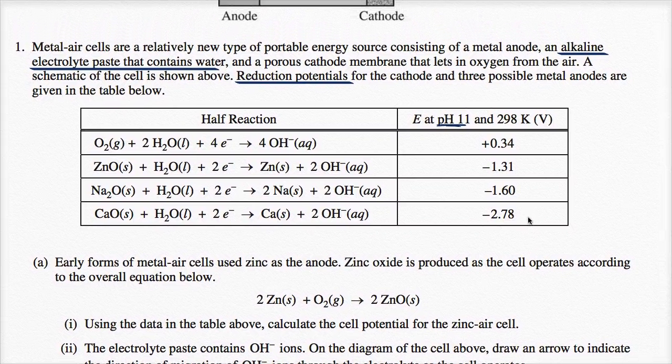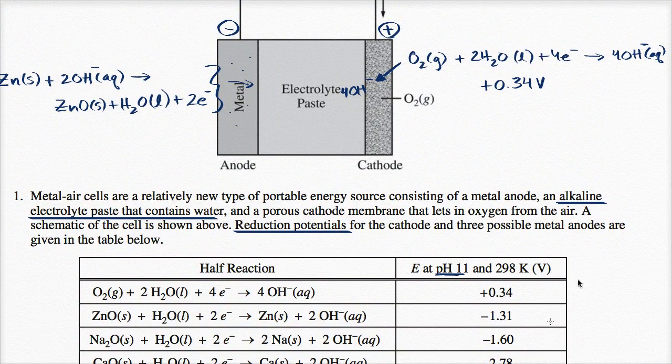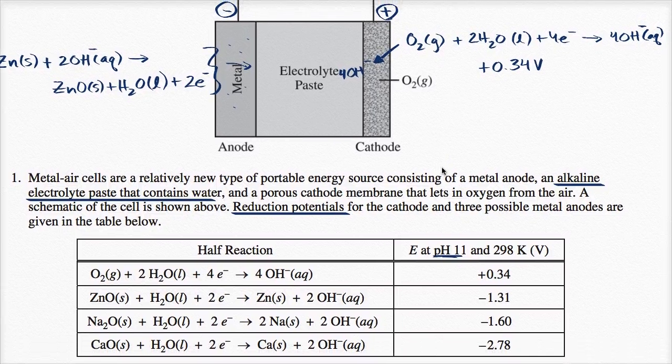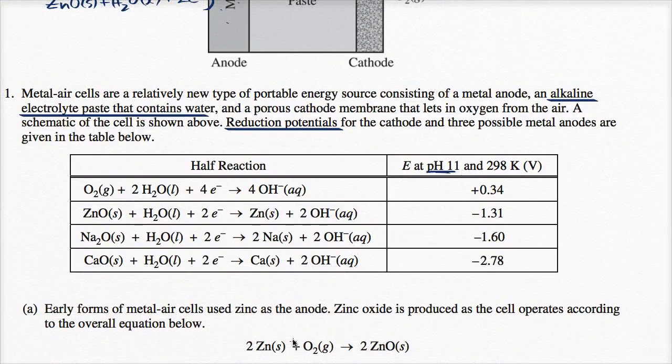So let's break down this reaction. We can just break it down into these two steps here. Because notice, the things that are reacting, let me underline them: you have zinc, you have oxygen.